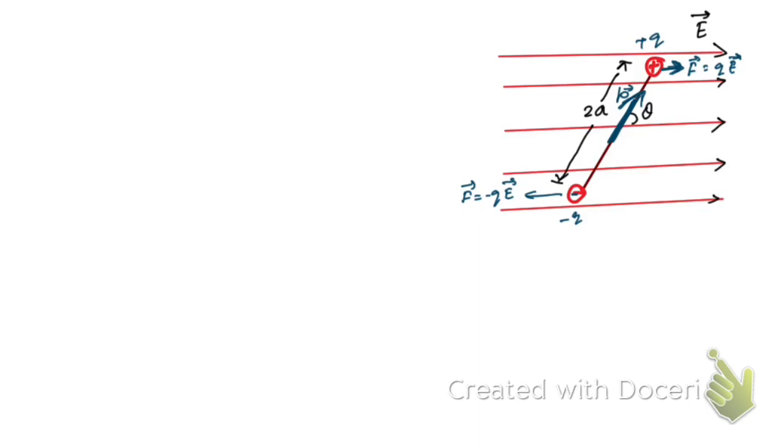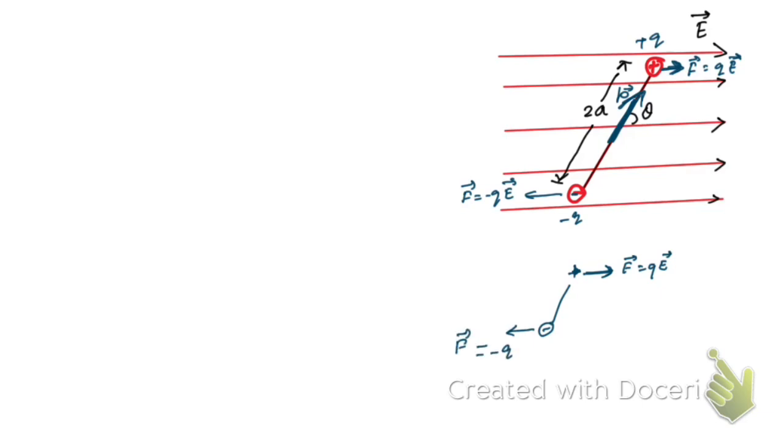Now you see here, this is the positive charge, and the force acting on it is in this direction, F is equal to QE. And this is the negative charge, and the force acting on it is in the opposite direction, and they are equal.